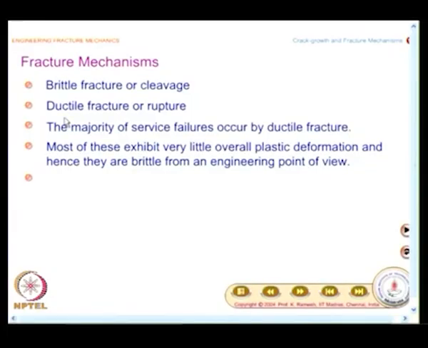So, you have to delineate what we discuss at the microscopic level and what we understand at the macroscopic level. We are now looking at the microscopic level. At the microscopic level, the fracture can be classified as brittle as well as ductile, but the structure behaves in a brittle fashion from a macroscopic point of view.